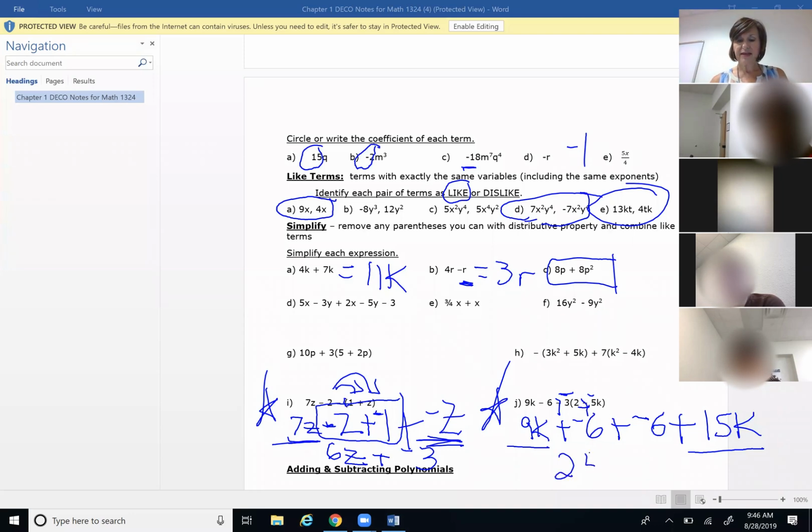And then what happens when I put these two together? It'll be 24K, and either minus 12 or plus a -12. I will accept either way. Usually we do clean up double signs in our final answer, and we would write it as 24K minus 12. But if you write 24K plus -12, I'm happy with that.